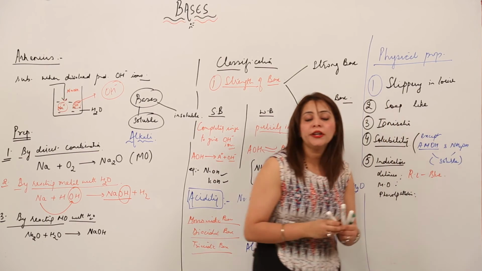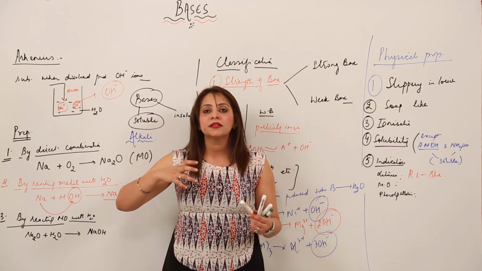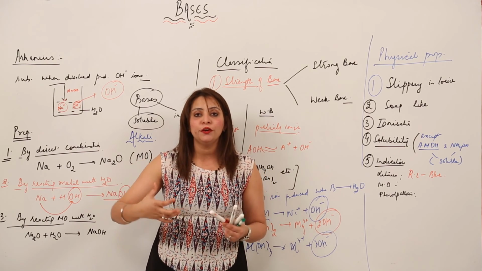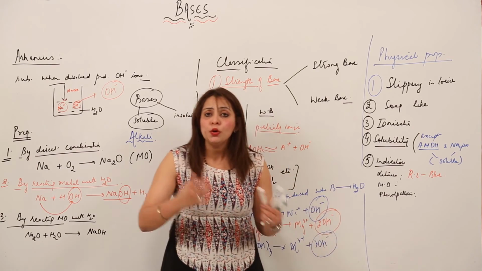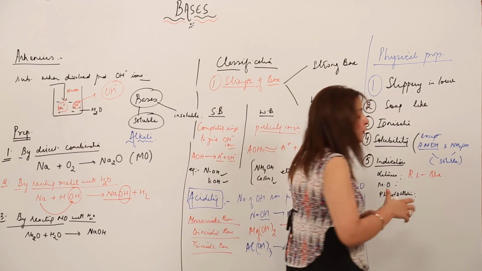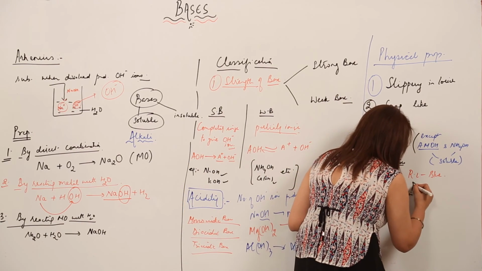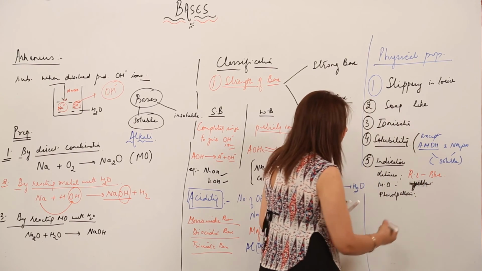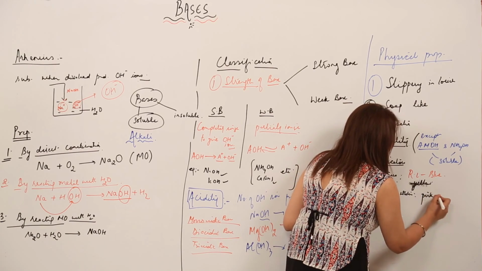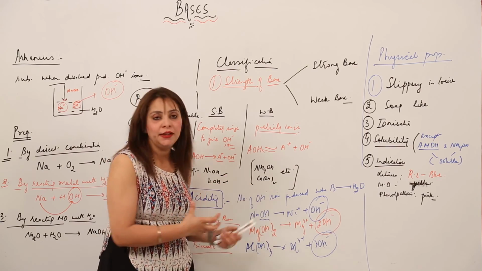When we were talking about acids, they changed blue litmus to red, but in the case of bases they change red litmus to blue. Methyl orange, which is originally orange, turns yellow. And phenolphthalein turns pink. So, this is the effect of the base on the indicators.